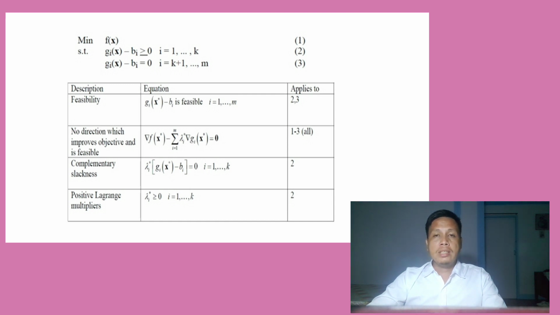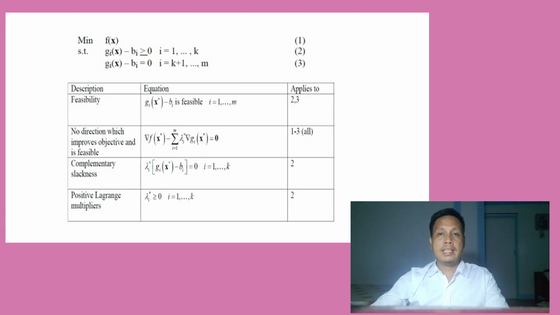Its equation is the gradient of f(x) minus the summation of lambda_i times the gradient of g_i(x), where the asterisk sign denotes the optimum, equal to 0. This applies to all equations above, equations 1 up to 3.